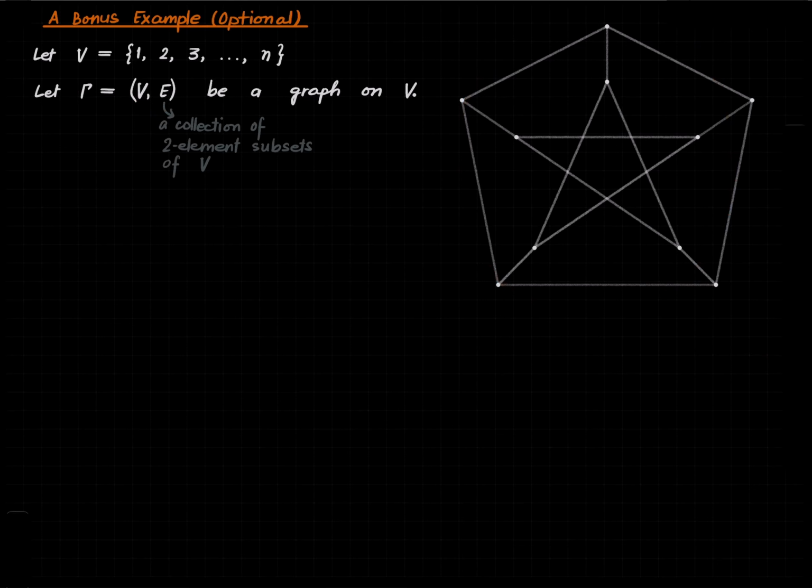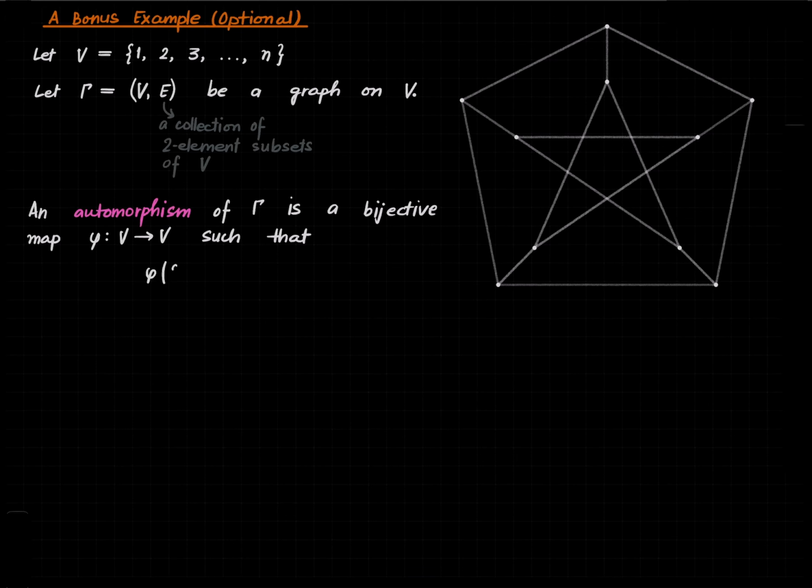So an automorphism of gamma is a bijective map phi going from vertices to vertices, such that if you apply phi to an edge, you get an edge, such that phi of u comma phi of v is an edge whenever u comma v is an edge.